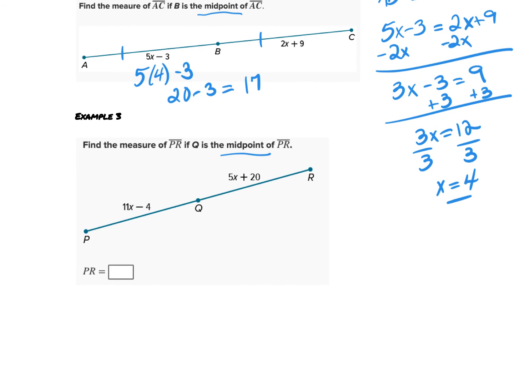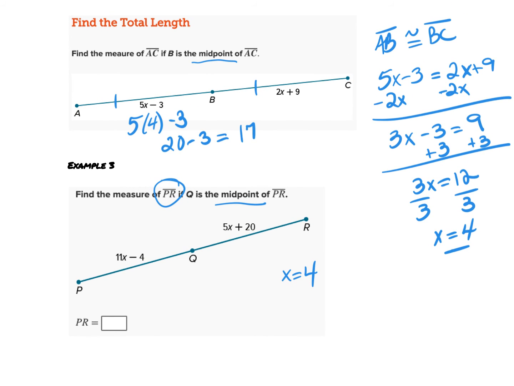For example 3, after you do your algebra, you should get x equals 4. And again, it's asking for the length of, be careful, PR. Okay, so notice the difference. And actually, I didn't even read this correctly. I solved for AB, not AC.